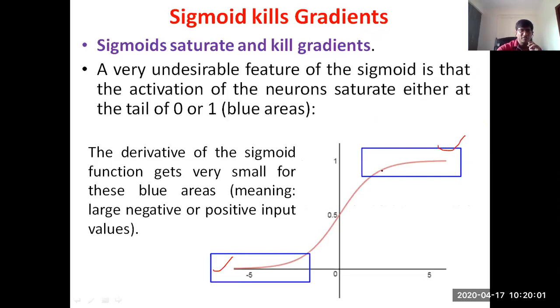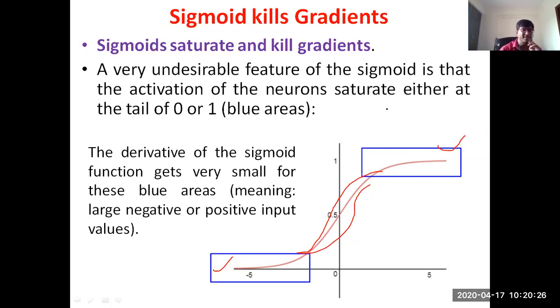As far as the values are between this range, it works fine. But the moment it comes near to 0 or near to 1, the values start saturating, and the derivative of the sigmoid function gets very small for these blue areas, that is, the values which are near to 1 or close to 0.